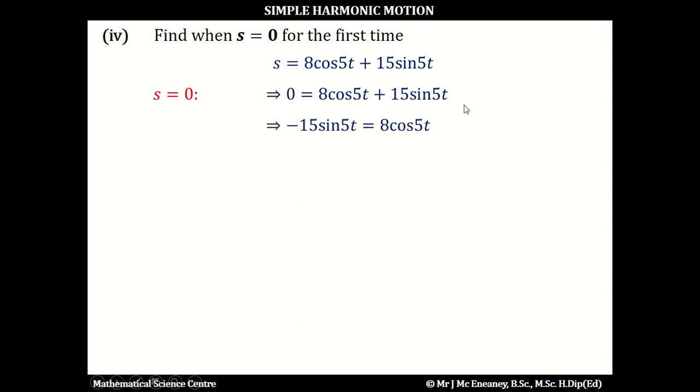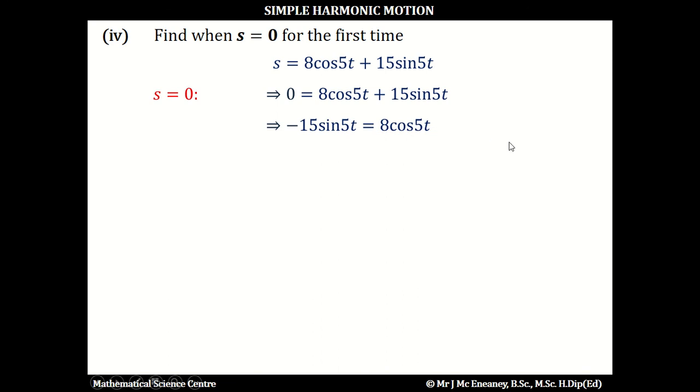Next, we want to find when s equals 0 for the first time. So s equals 8 cos 5t plus 15 sin 5t. If we put in when s is 0, 0 equals 8 cos 5t plus 15 sin 5t. Now, if we bring the plus 15 sin 5t across, it becomes minus 15 sin 5t equals 8 cos 5t.